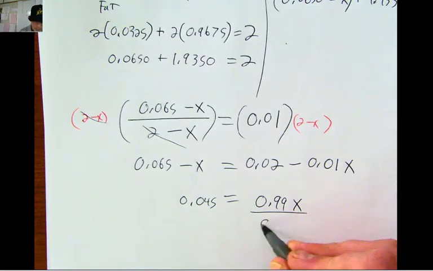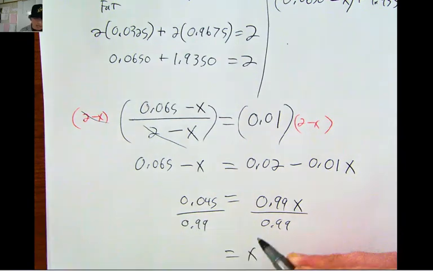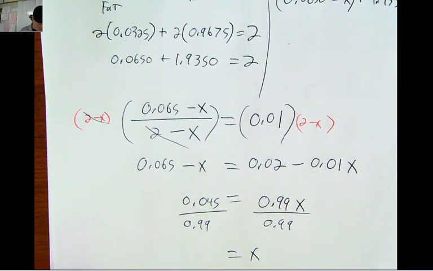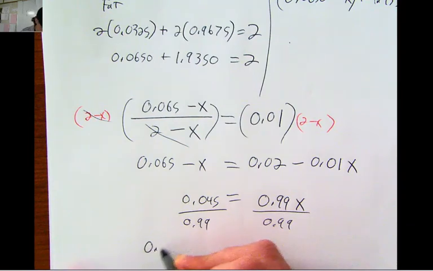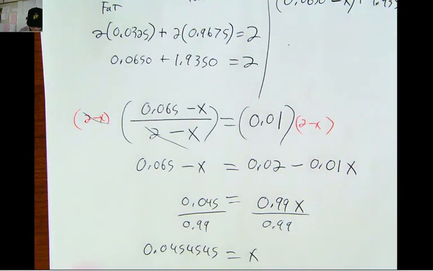And then you divide both sides by the 0.99. And 0.045 divided by 0.99 is 0.0454545. The 45 is repeating.